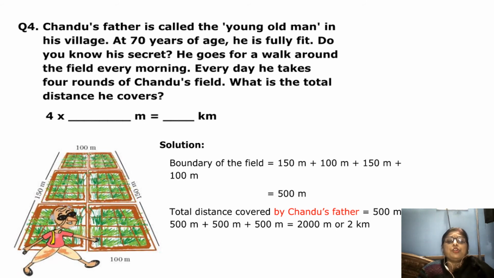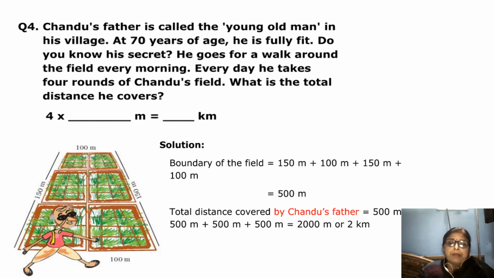So first you find out the total length of the boundary, that is 150 meter, 100 meter, 150 meter and 100 meter. That is equal to 500 meter. It means in one round he goes 500 meter and he takes 4 rounds every day.